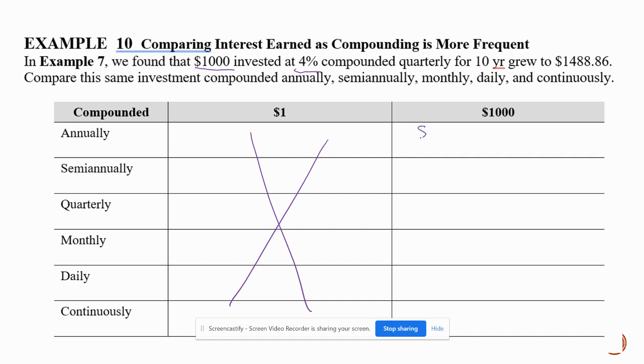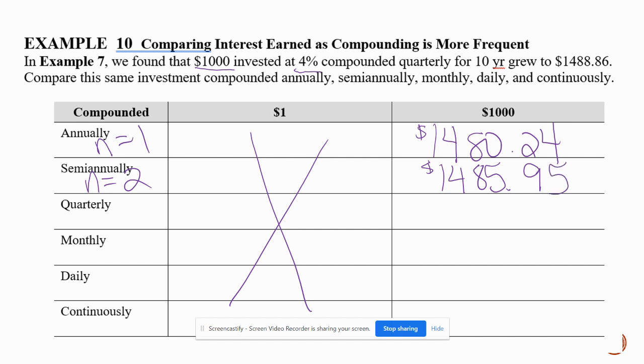And when we do those formulas, we have $1,480.24 for compounding annually. N is 1, so 1 time a year. Semi-annually, N is 2. So if I compound interest twice a year, at the end of the 10 years, we would have $1,485.95.